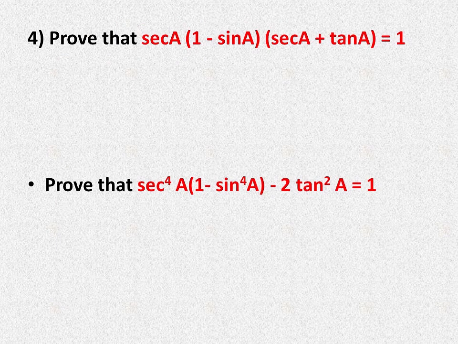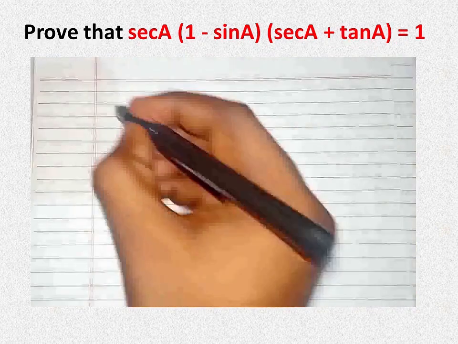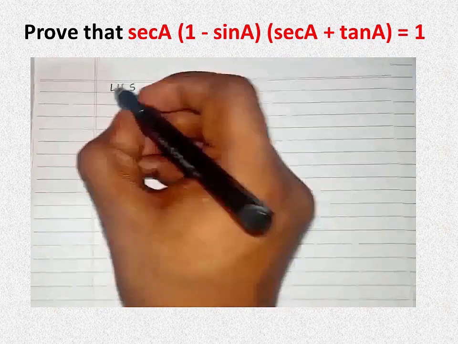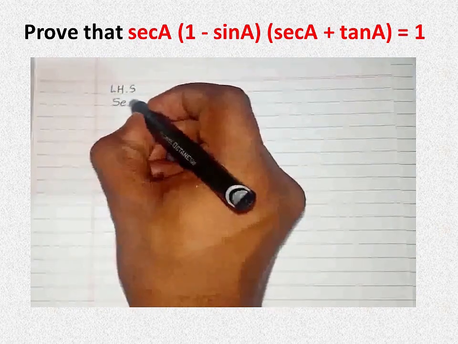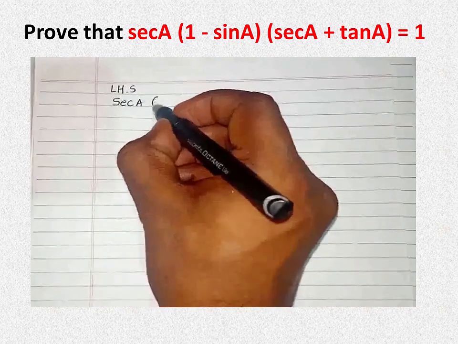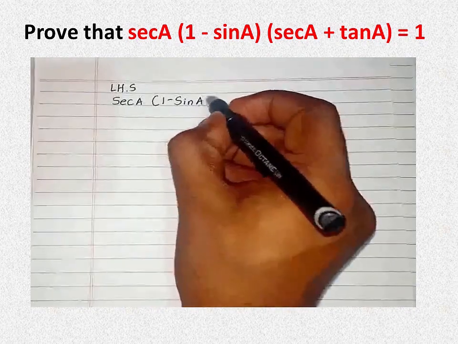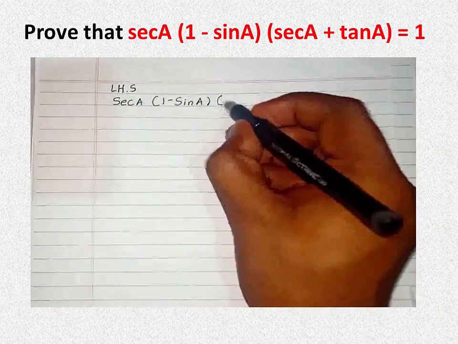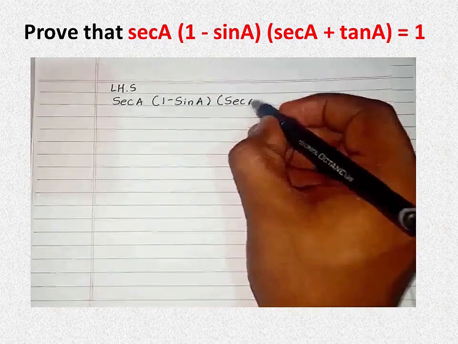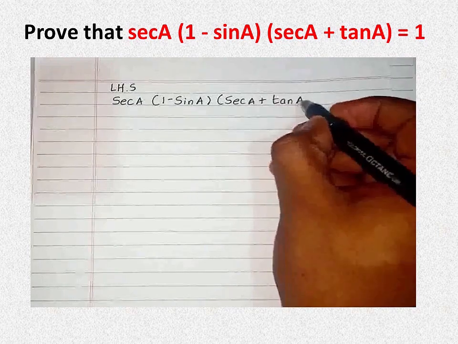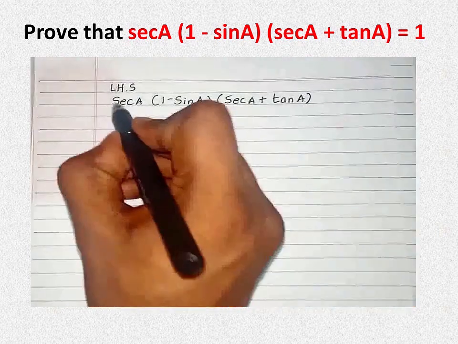Fourth question, which is based on the concept of trigonometry. Now we'll solve the first question. Now I'll write down the LHS part: secant A into 1 minus sin A into secant A plus tan A, which is the LHS of the given question.